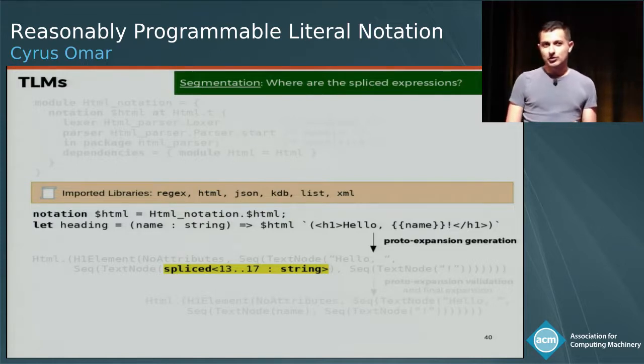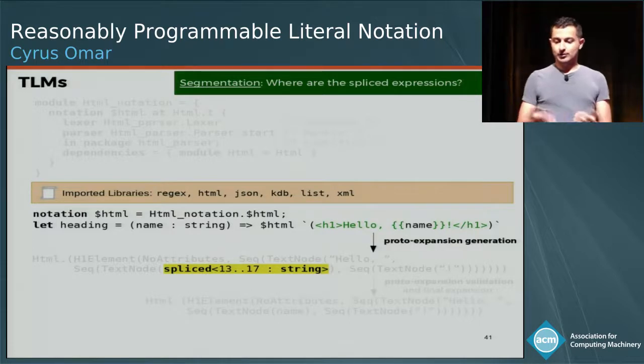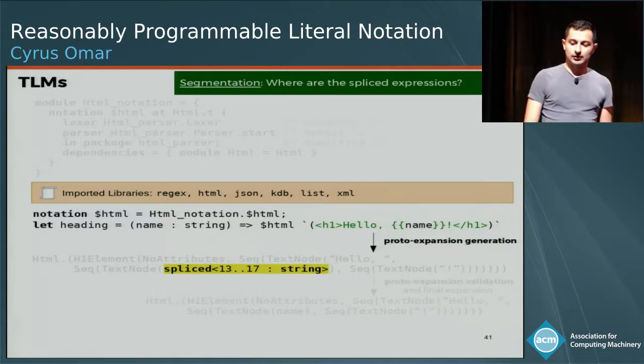And so how do you communicate that to the user? Well, one way to do that is to color spliced expressions differently from the rest of the literal body. So here the spliced expression is black, everything else is green. The system ensures that all splice references are non-overlapping and actually separated by at least one character, so that this kind of coloring can be uniquely generated and uniquely conveys this segmentation, the set of splice references.